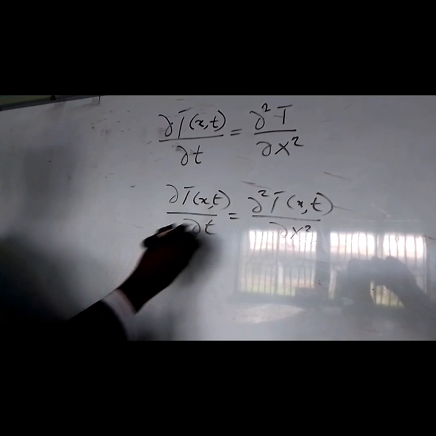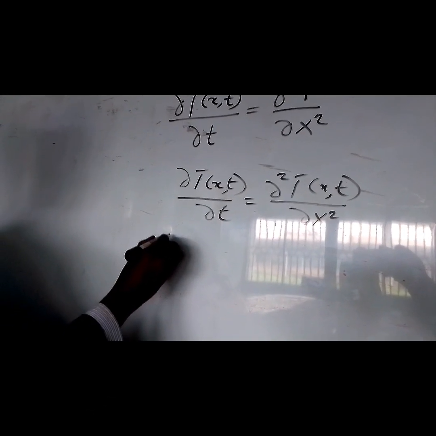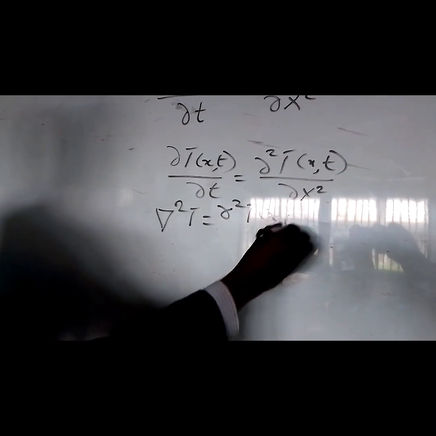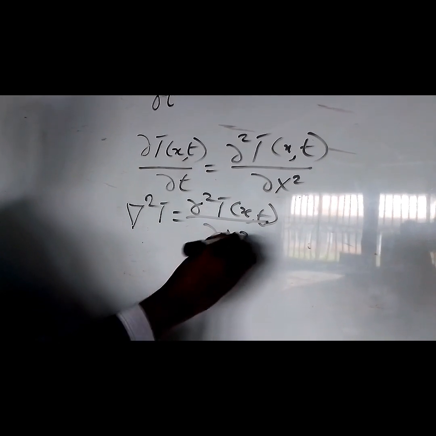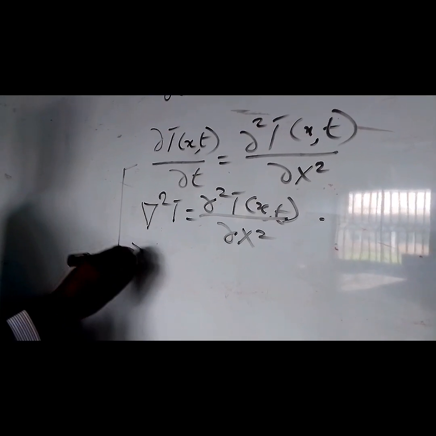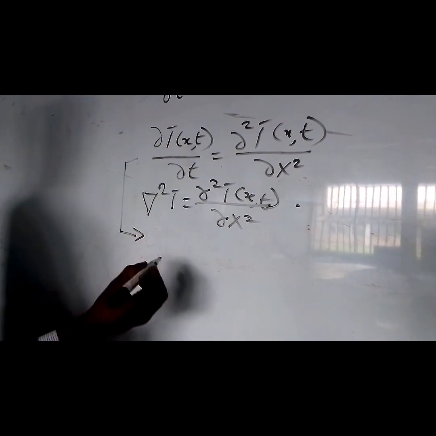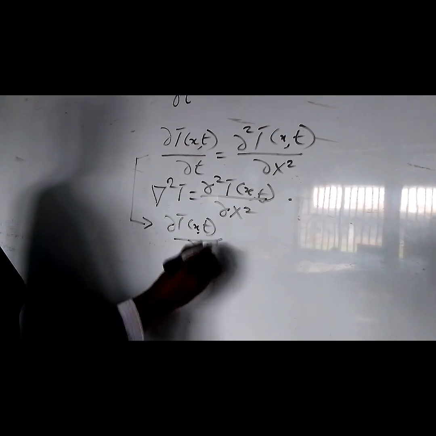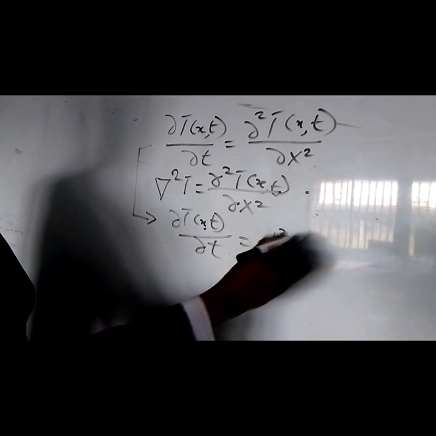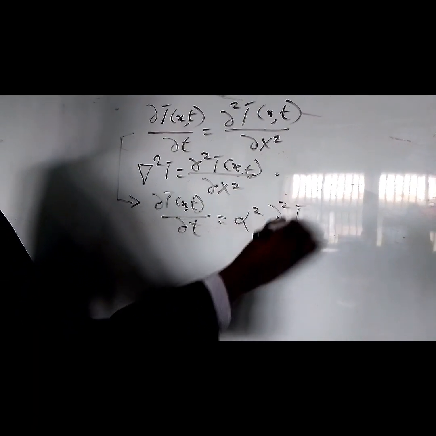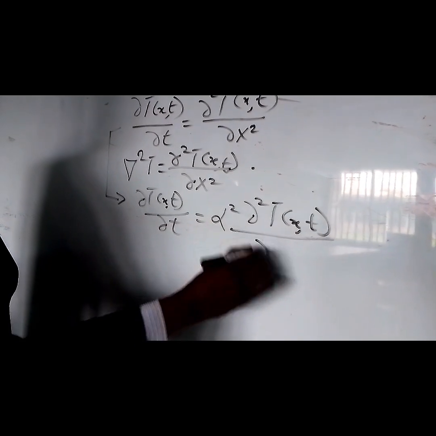Now, this partial squared T over partial x squared is also written as nabla squared T, which is equal to partial squared T of x comma t with respect to partial x squared. So, as a relationship, the general expression for the heat conduction equation with a constant will be partial T of x comma t with respect to time equals alpha squared, assuming alpha squared is a constant, multiplied by partial squared T of x comma t with respect to x squared.